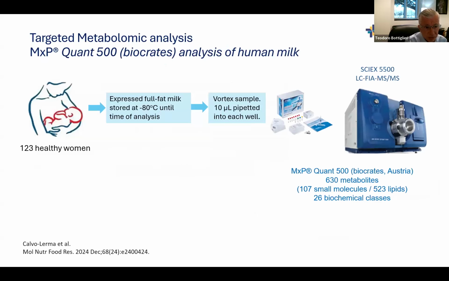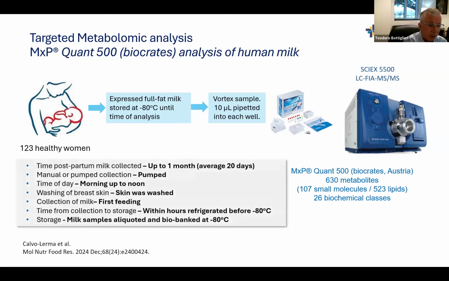Just to give a little more detail, the study was composed of 123 healthy women. Full fat milk was expressed and stored at -80. We then used the Quant 500 kit supplied by Biocrates, and this was done on a Sciex 5500.